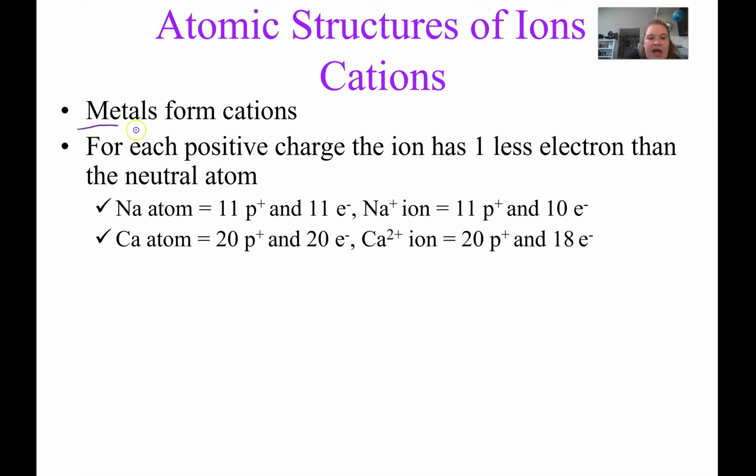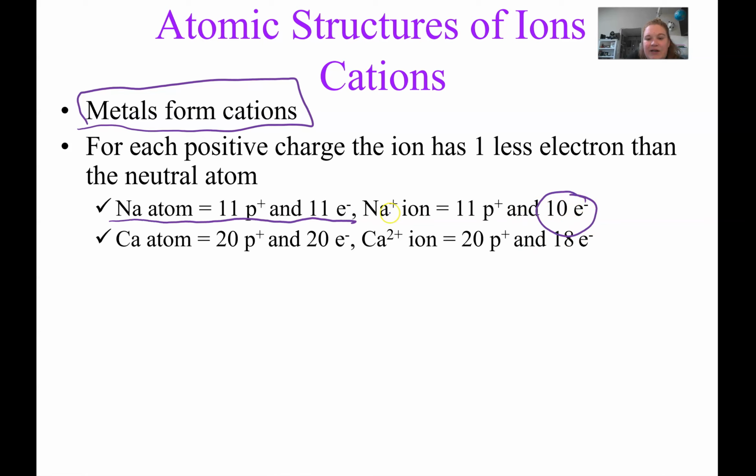Metals are going to be the atoms that form our cations. So here's our sodium atom. When it's neutral, it has 11 protons and 11 electrons. And when it's charged, it now has 10 electrons, so it has that positive 1 charge. A calcium atom has 20 protons and 20 electrons when it is neutral.